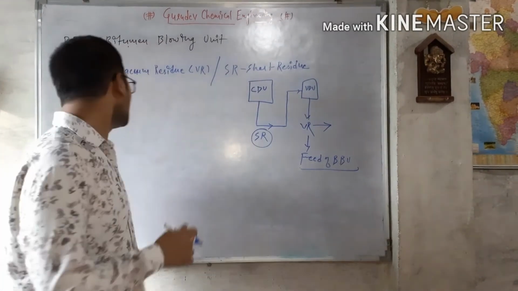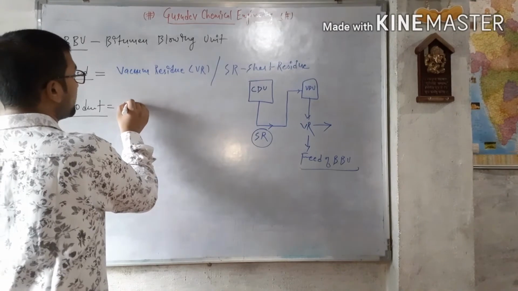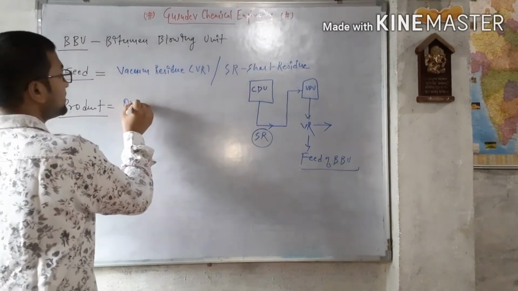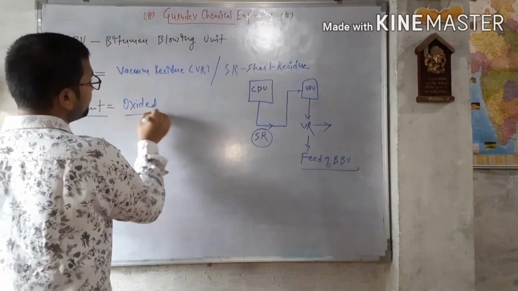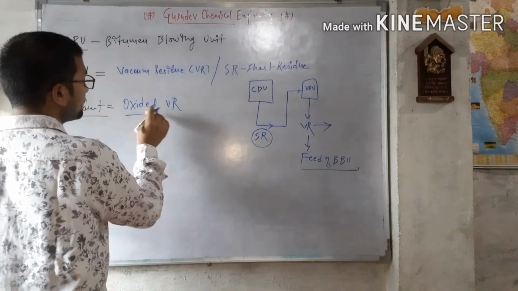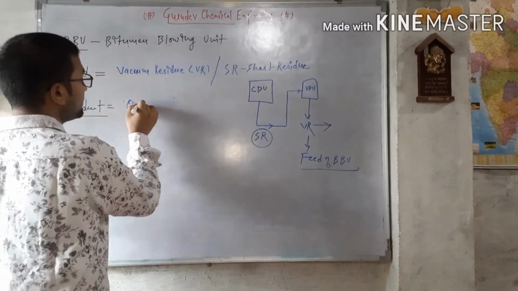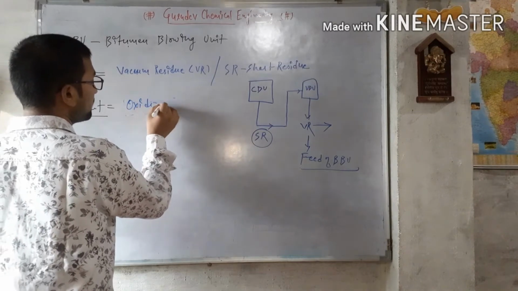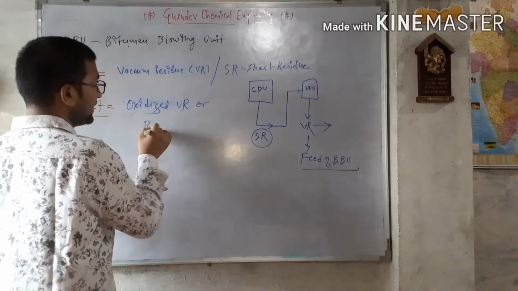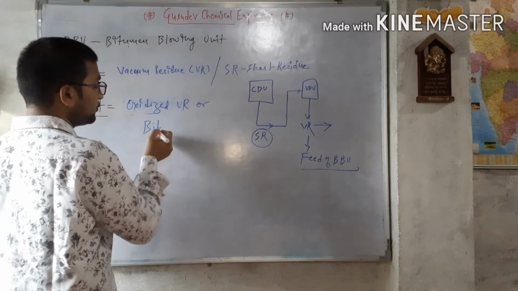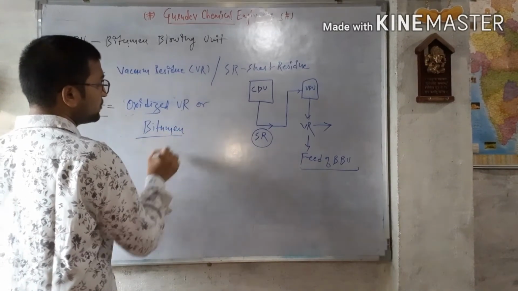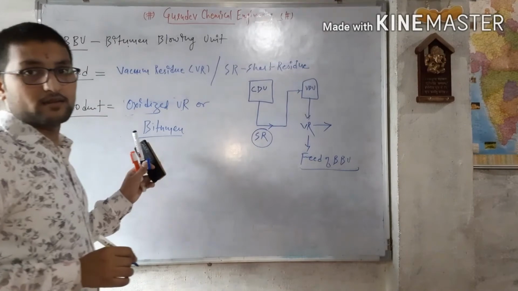So air, which contains oxygen, oxidizes the vacuum residue, and that is also called bitumen. So that is our product, bitumen.